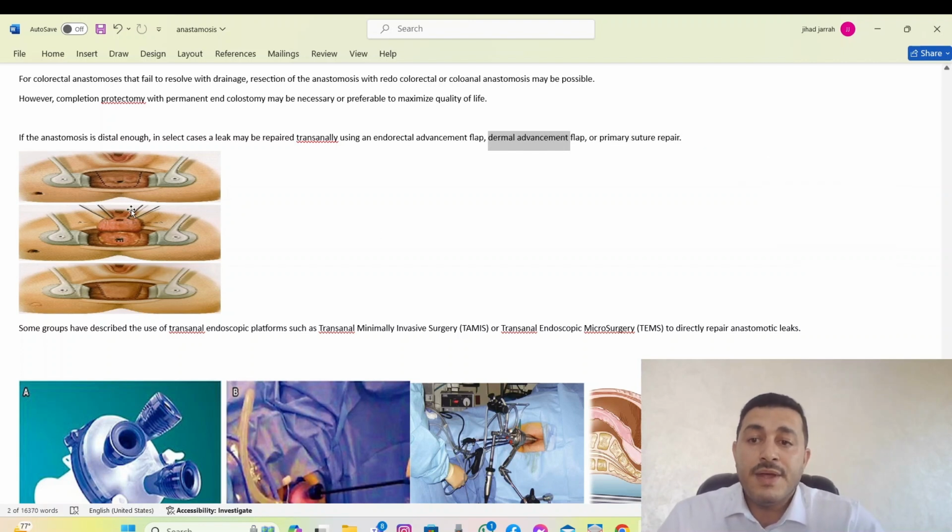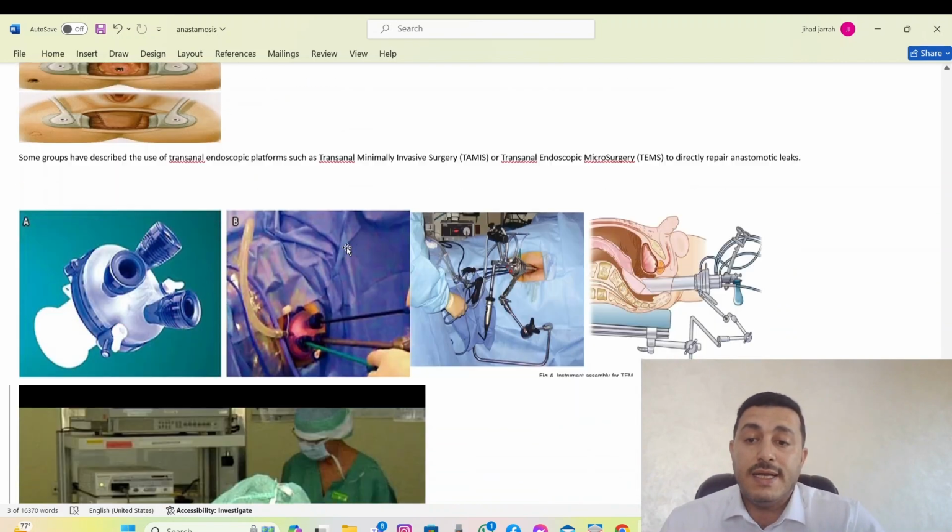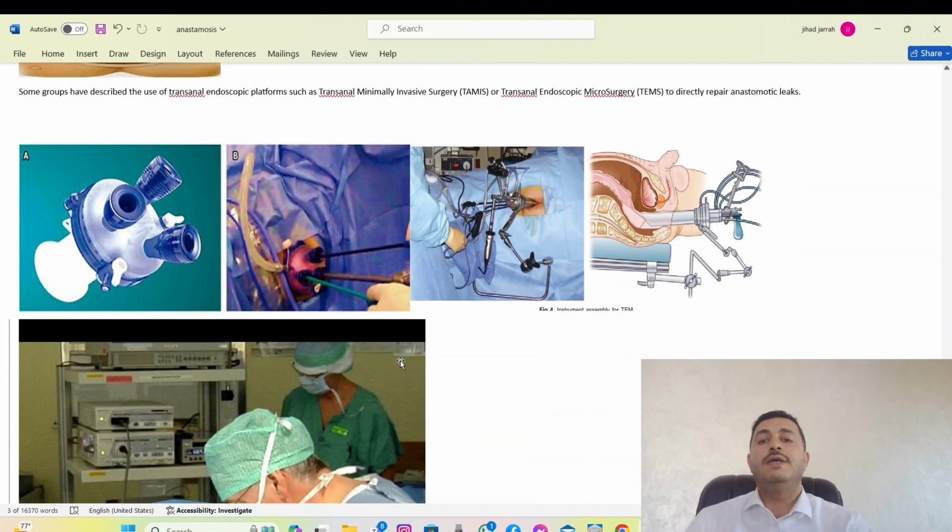I know that the endorectal advancement flap is classically described for fistula, but it can be used for anastomotic leak. We have actually two techniques that we can approach the leak through the anus.